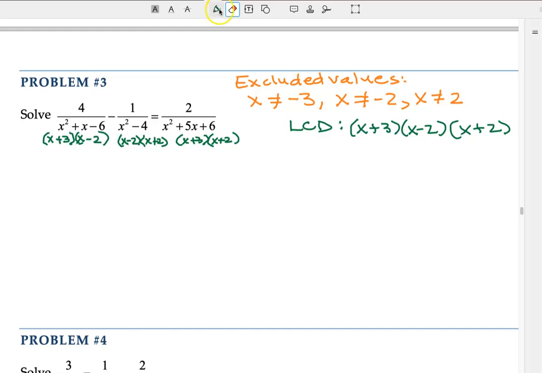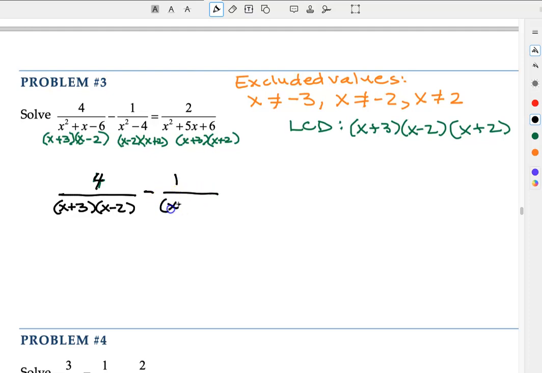Okay, so now let's rewrite this. I'm going to have 4 over x plus 3 times x minus 2, minus 1 over x minus 2 times x plus 2, and then that equals 2 over x plus 3 times x plus 2.